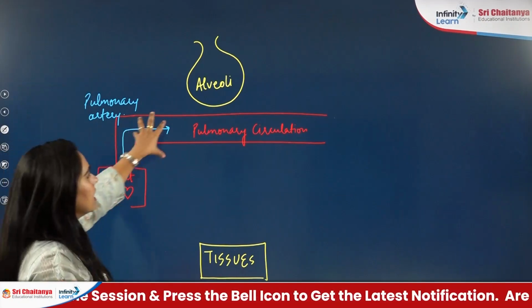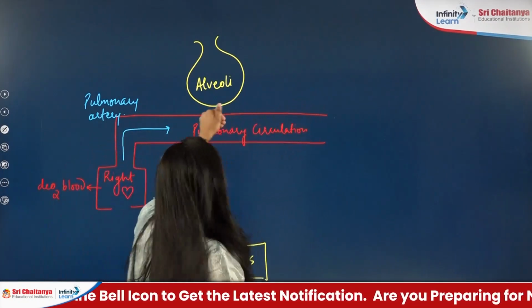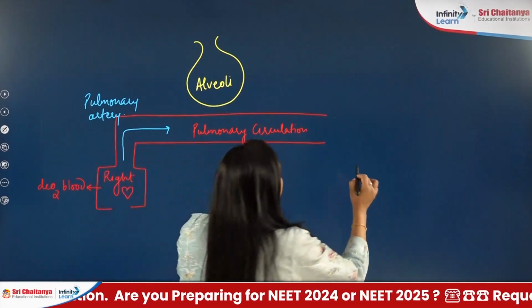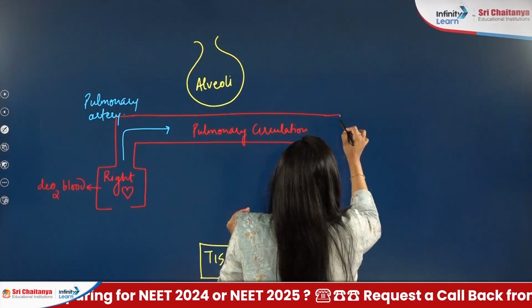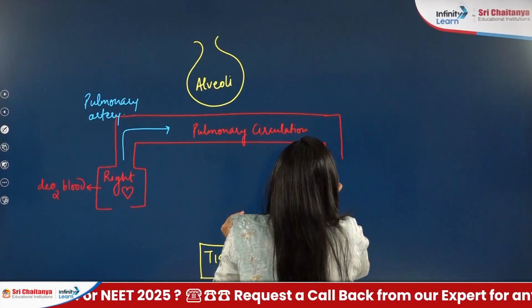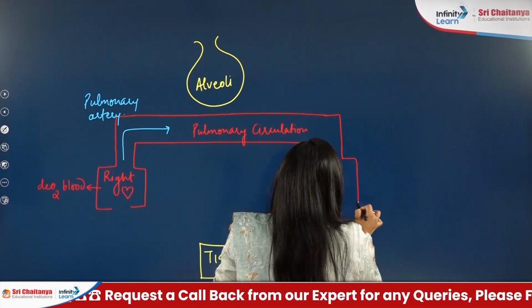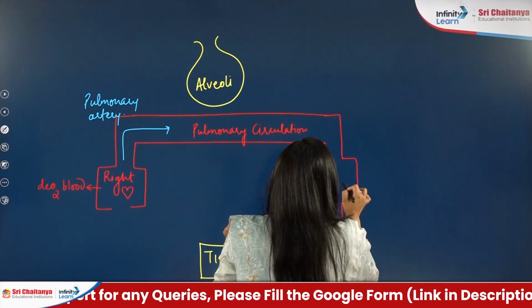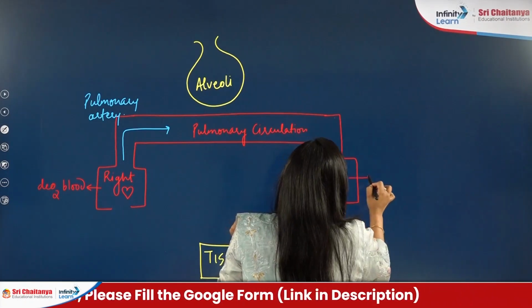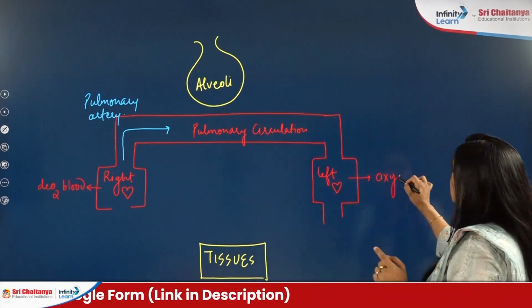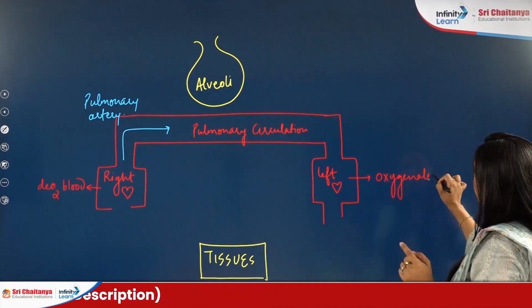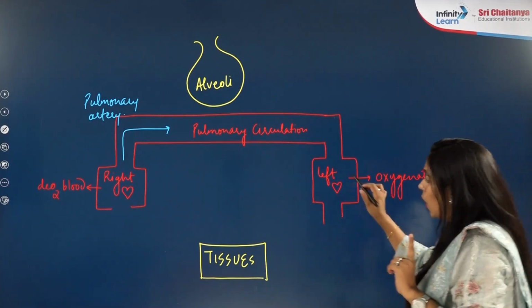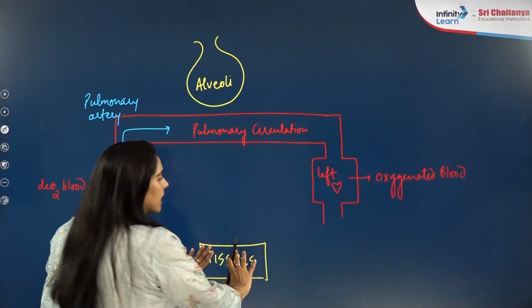Then once the blood throws out the CO2 and takes the oxygen, the blood will become oxygenated, and oxygenated blood is present in our left heart. So let us consider this as the left heart. And in the left heart, which blood is present? Oxygenated blood is present. Oxygenated blood is required by the tissues.